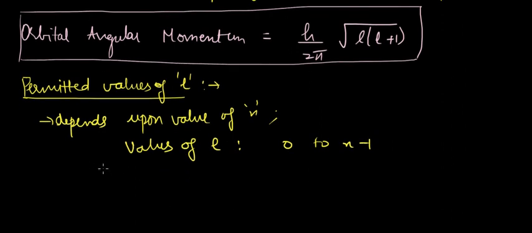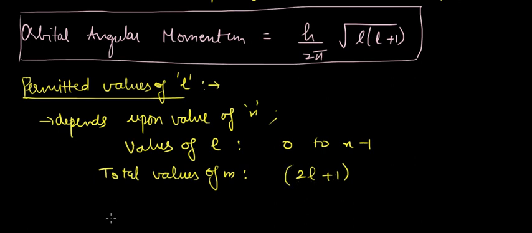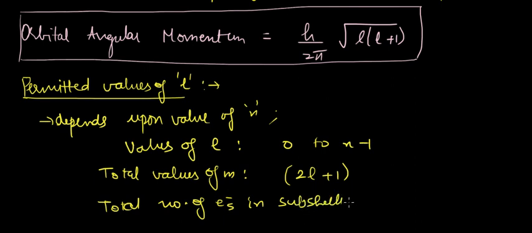Okay, so total values of m would be 2l plus 1. And total number of electrons in a subshell would be 2 times 2l plus 1.